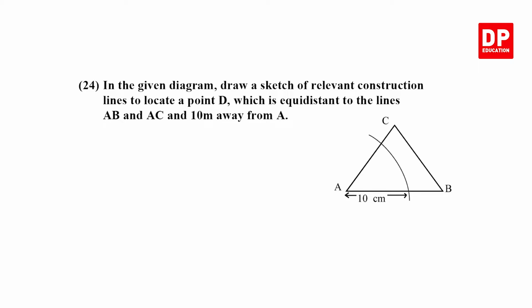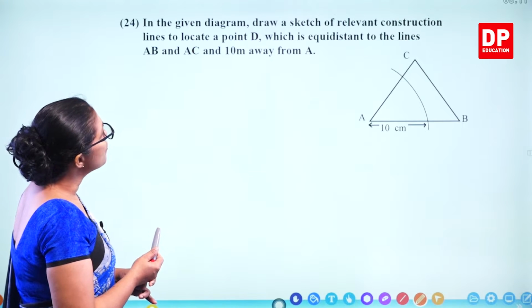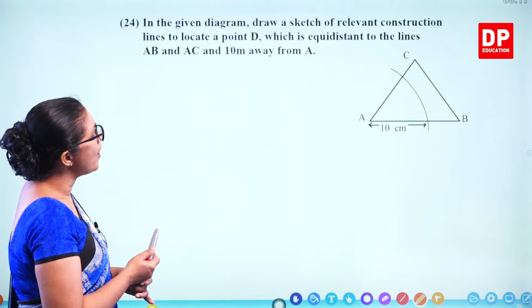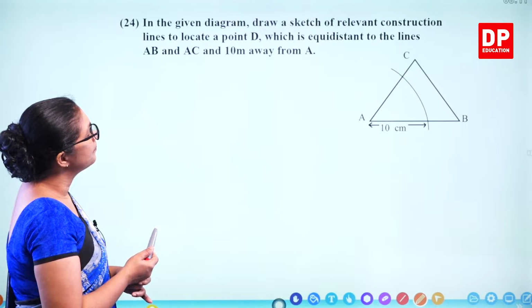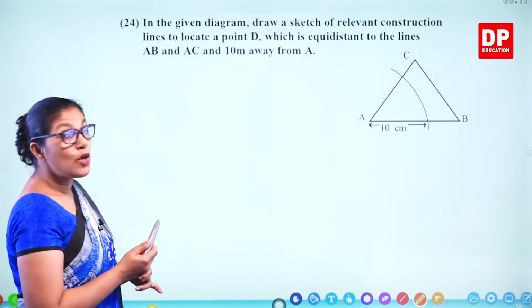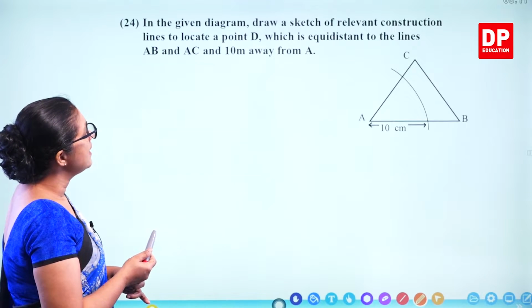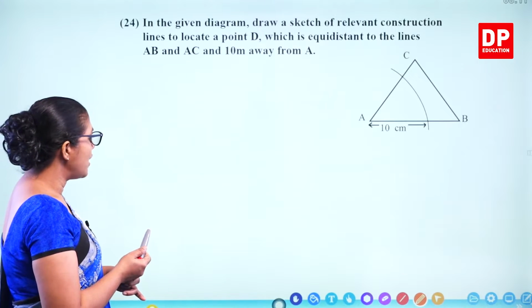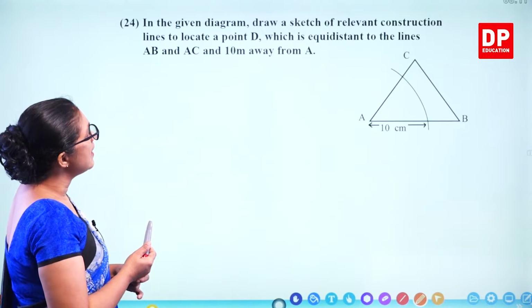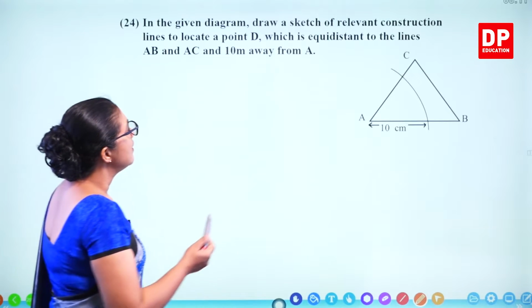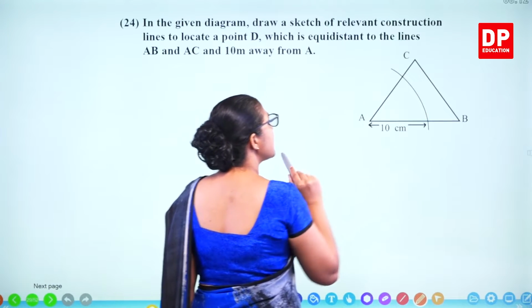Question number 24. In the given diagram, draw a sketch of relevant construction lines to locate a point D, which is equidistant to the lines AB and AC. So what can you do? You can take the compass and draw the angle bisector.